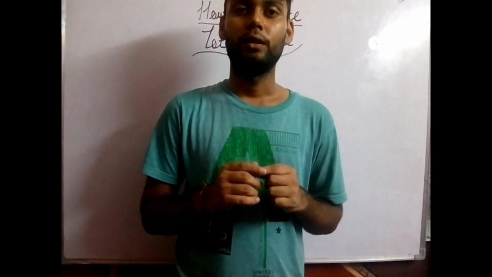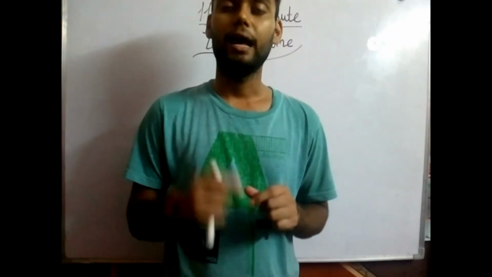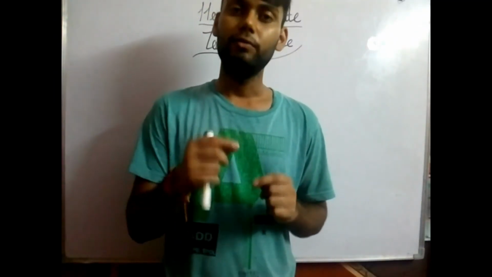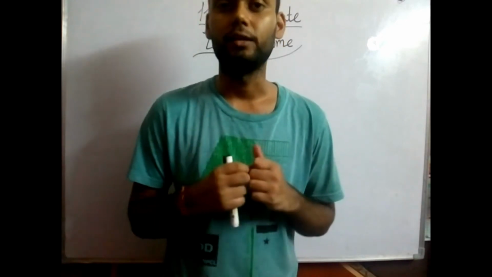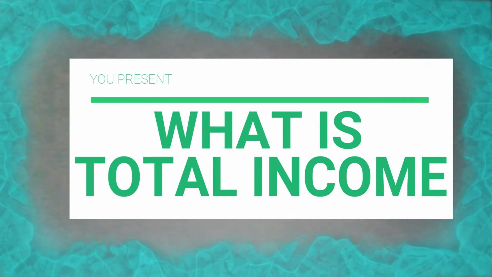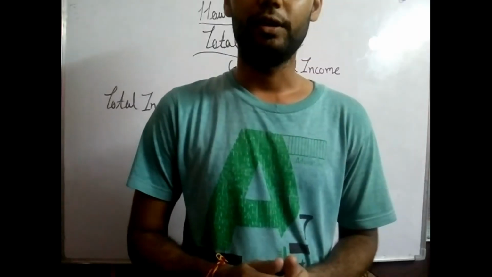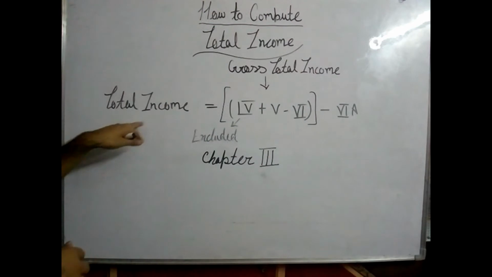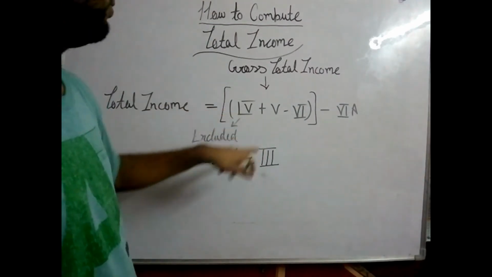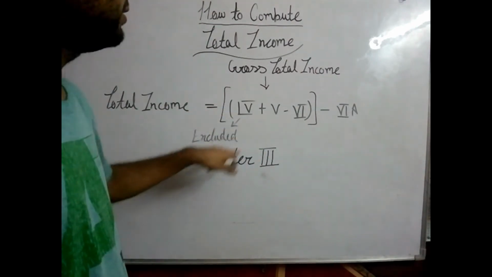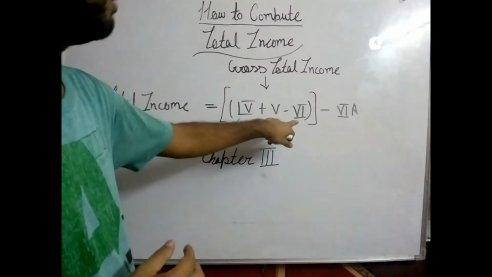Before we learn how to compute total income, we have to know what is meant by total income. Total income is equal to chapter 4, excluding chapter 3, plus chapter 5, minus chapter 6.